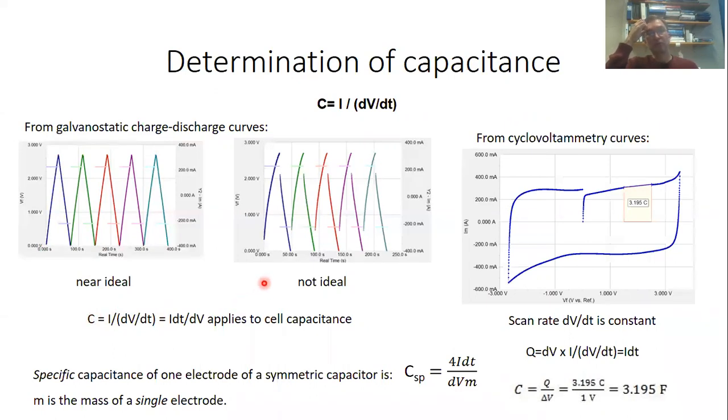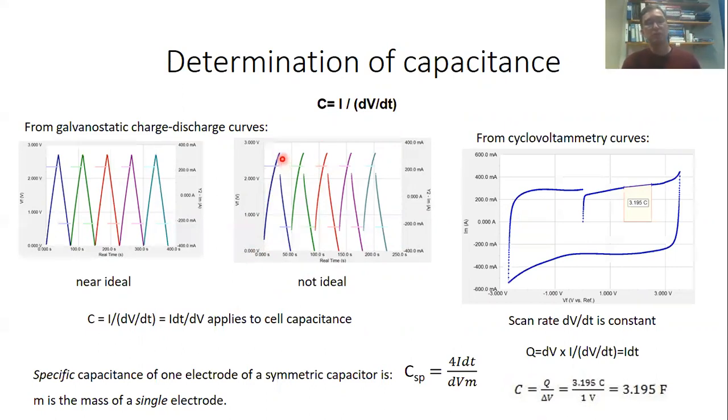Not always do capacitors behave completely ideal. You see this here in this graph. Initially the potential jumps before the curve approximately follows a line, even though the line is not exactly a straight line as it should be in the ideal case. It's somewhat bent.